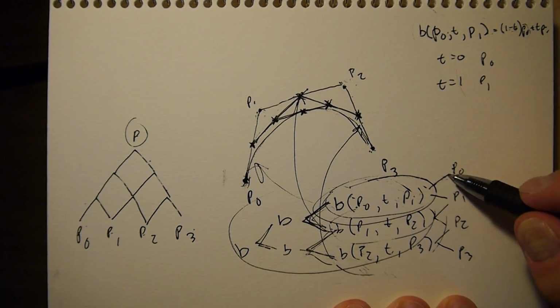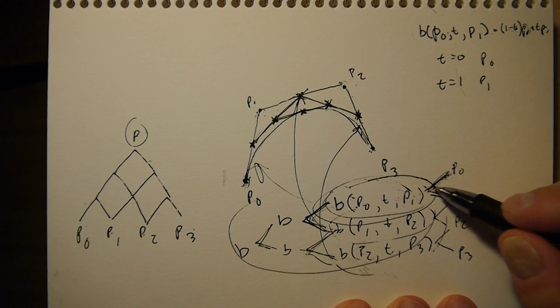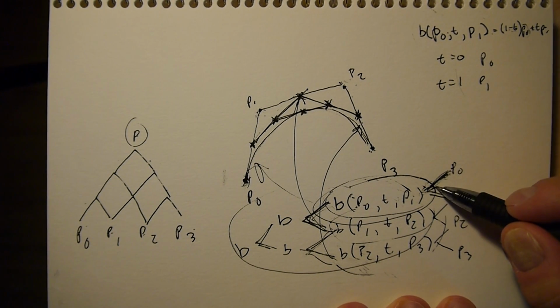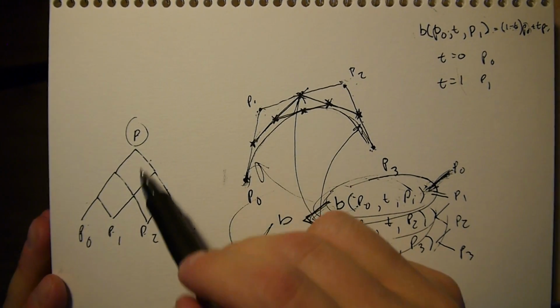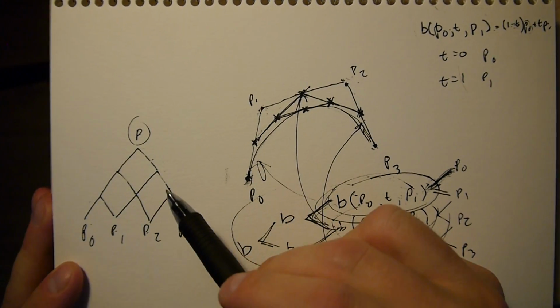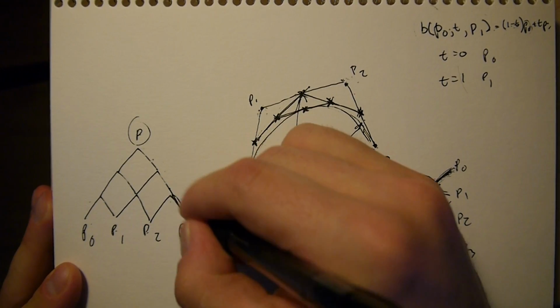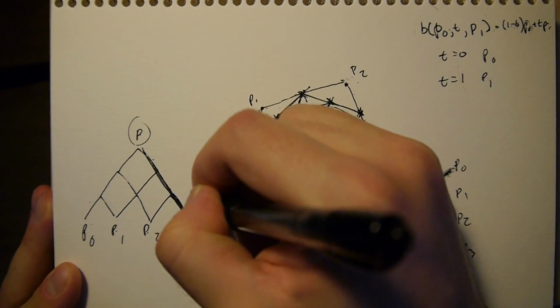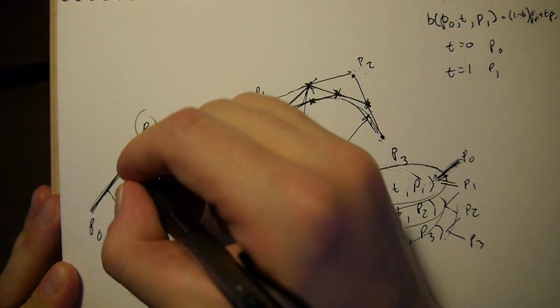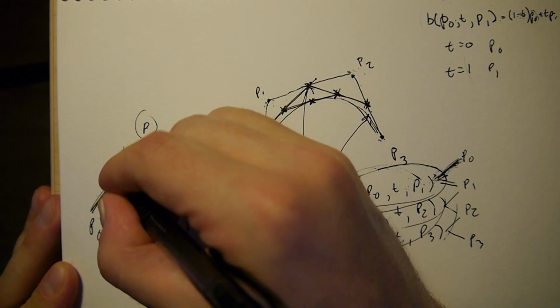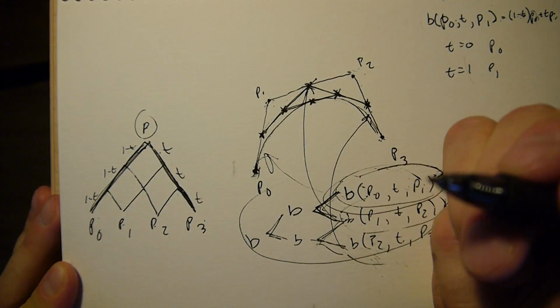So each time, whatever the thing coming up the branch is, it's just getting multiplied by either 1 minus t or t. So if I look at this pyramid over here, the branches that go this way are multiplies by t, and the branches that go this way are multiplies by 1 minus t.